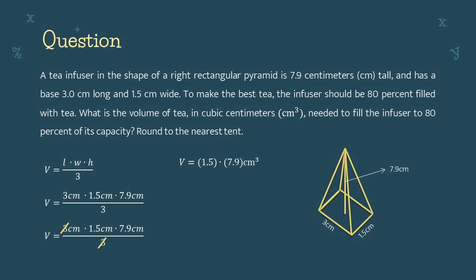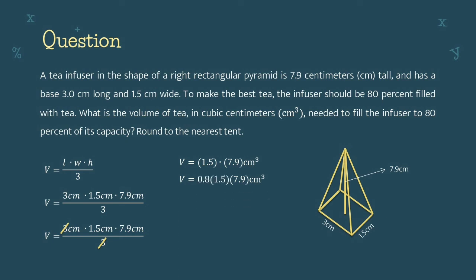But we want to know what 80% of its capacity is, because that is how much tea we need. So we want to multiply this times 80%, so you will multiply 0.8 times 1.5 times 7.9 centimeters cubed.